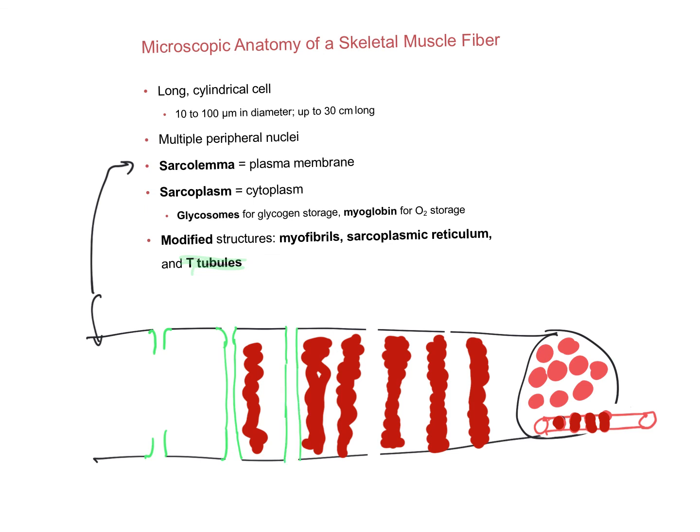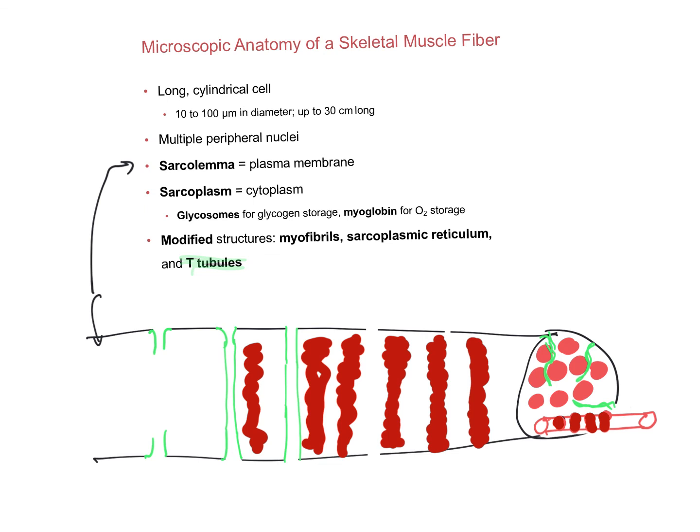So imagine there's one here and it kind of extends all the way down into the deep parts of the cell. And there's another one here, it goes down this way, like that. And this one goes down there. So that it eventually wraps around all of the myofibrils that are found inside this particular myofiber, inside this muscle cell. Okay?